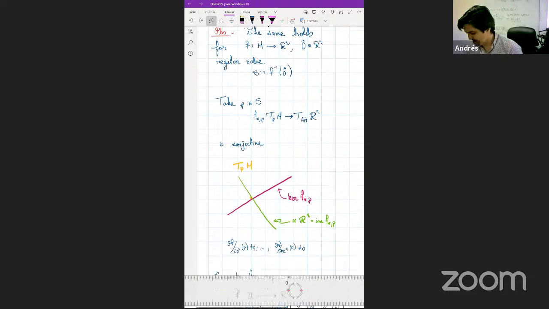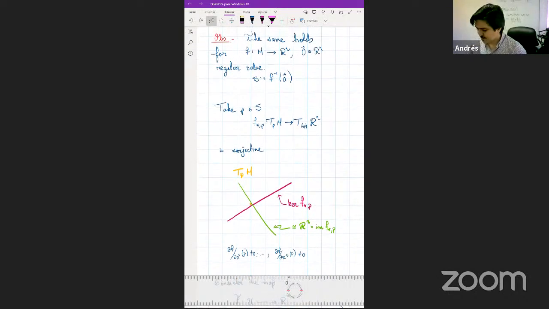Okay, now around P, I take a chart x1 up to xn. With respect to that chart, remember that this is exactly this, right?